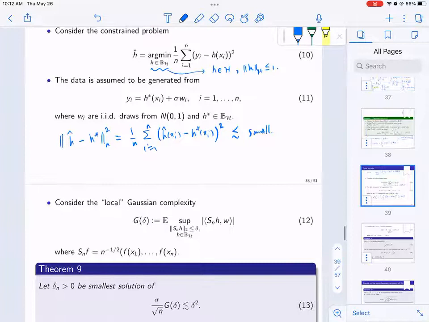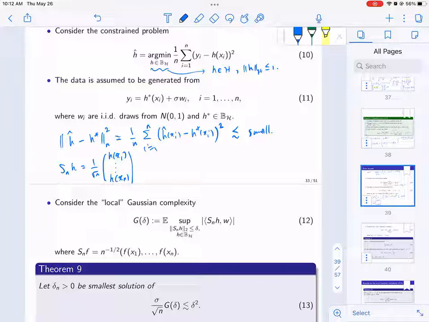Another thing that I'm going to use is this operator that I'm going to define. This notation is not standard, but it's helpful. So I'm going to write Sn of h for the operator that takes h and outputs the values of h at these points, rescaled by 1 over root n.